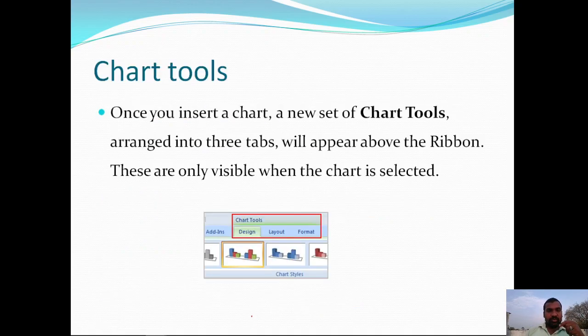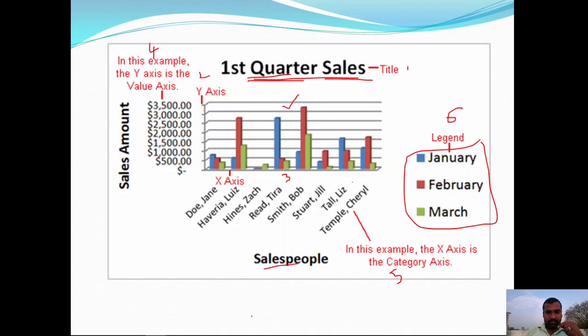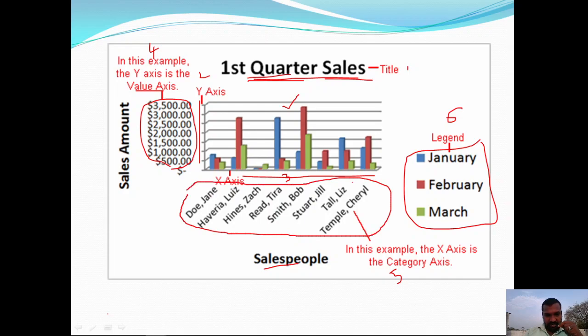Okay. So this is about the various components or parts of charts. In this chart, these represent some values, so it is the value axis. This vertical one represents the y axis, and this horizontal one represents the x axis, and these are the different names of salesmen.